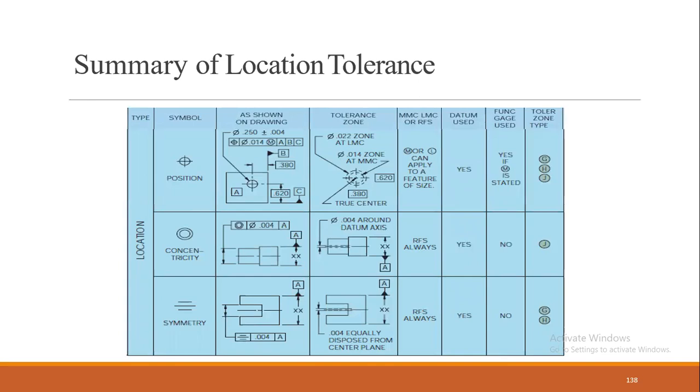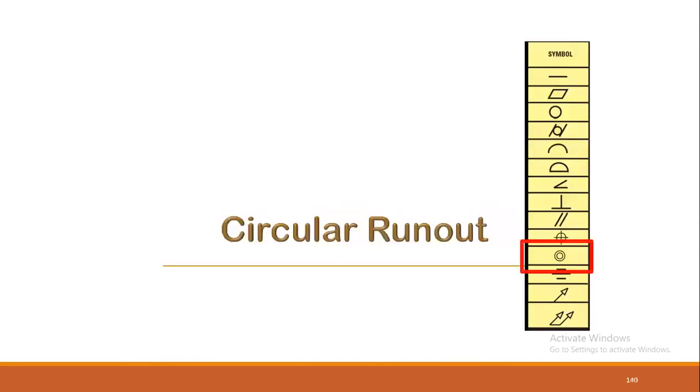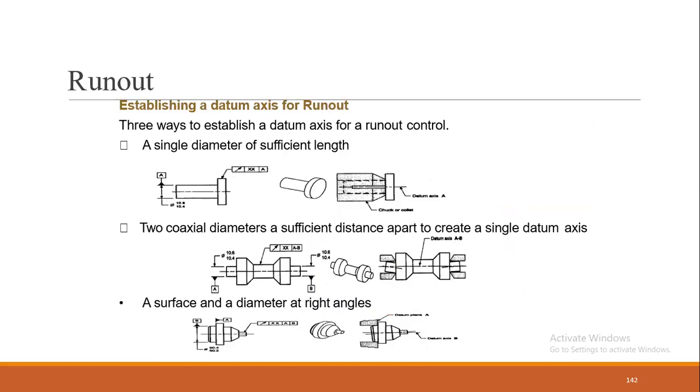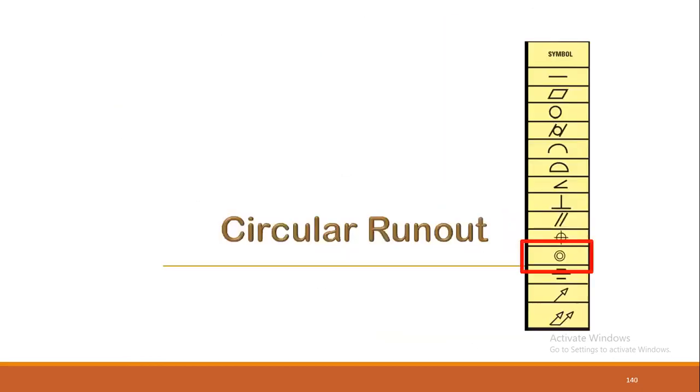Okay, this is the summary. Then runout. Most of the time you have seen this during your cycling: if your cycle's front tire is not exactly in the center, you will get some wobble, or you have no easy control over your cycle wheel.